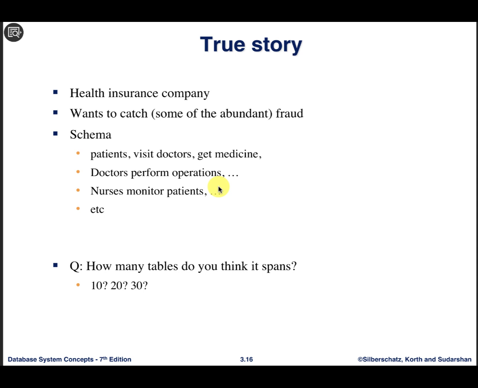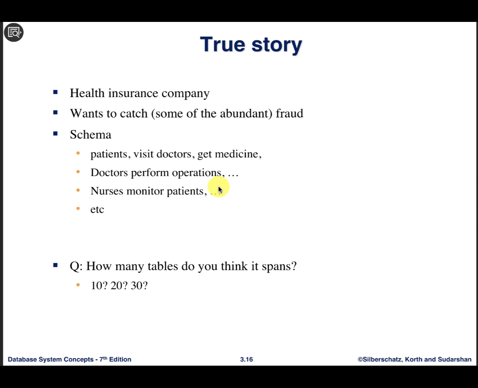The schema has patients, visits, doctors, medicines, and doctors performing operations. So we have a lot of entities involved, and also too many attributes and transactions going through the system. If you think about how many tables we end up with, it's not 10 tables, it's not 20 tables. It's 30.